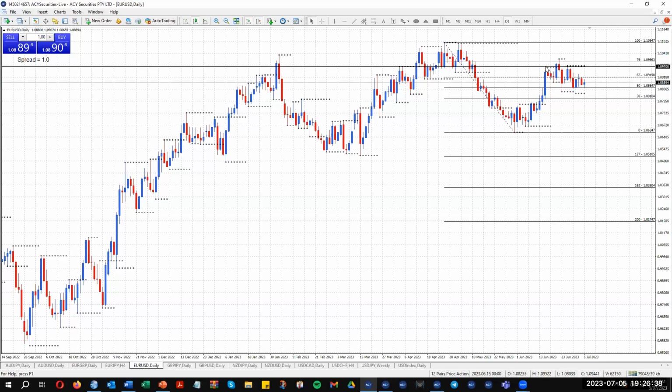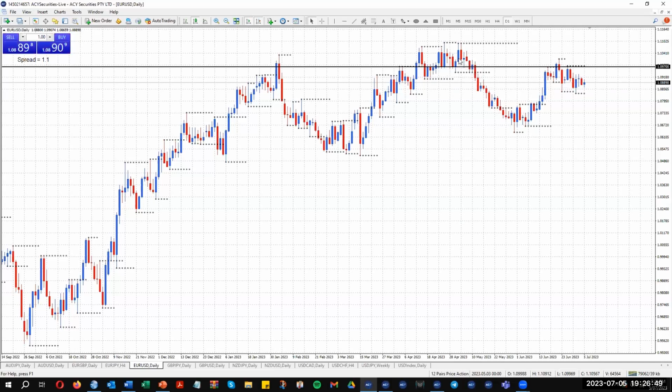So we false break this day chart high here, try to move above, hit the 79%, and we drop back down. What that does is create the potential for a head and shoulder pattern to form. There's your left shoulder, head, looking for the right shoulder to come in at the same level as the left shoulder.